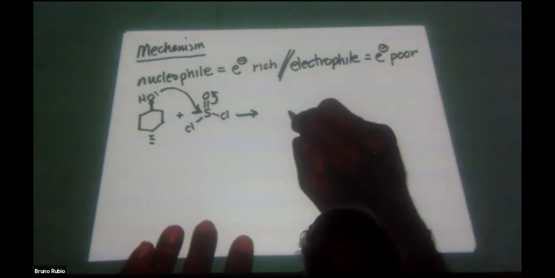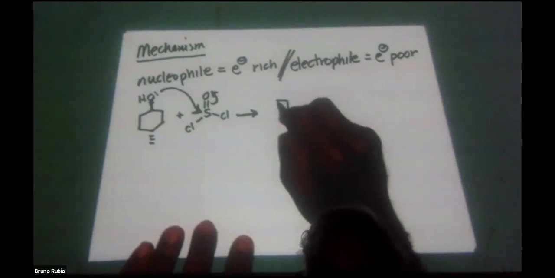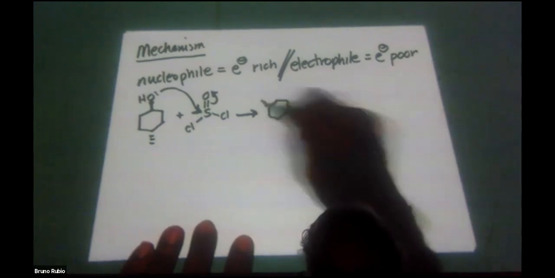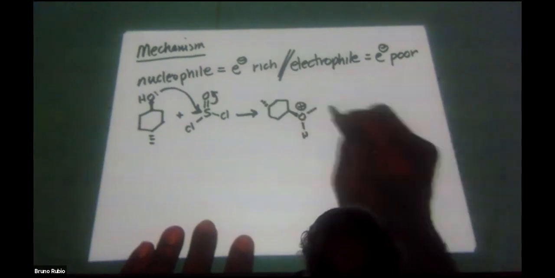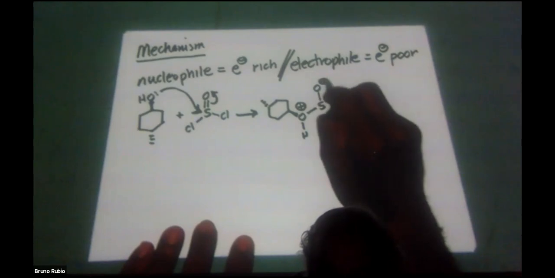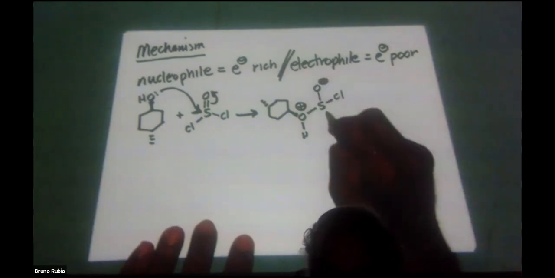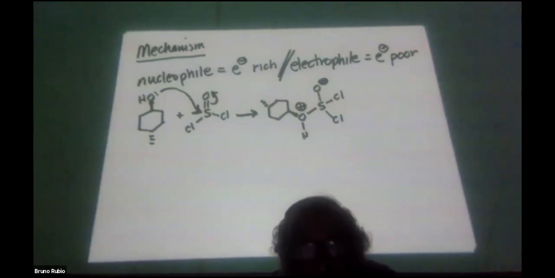So this was my wedge. Here's my 6-membered ring. There's my dash. So that attacks sulfur, O minus, Cl, Cl. Okay, so that's what we get when the nucleophile attacks the electrophile.